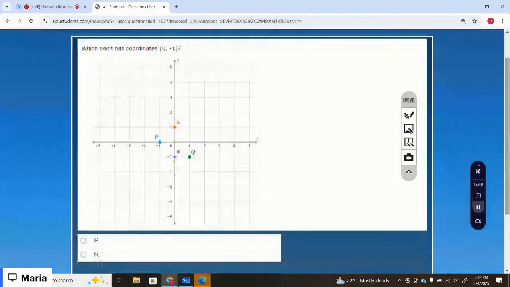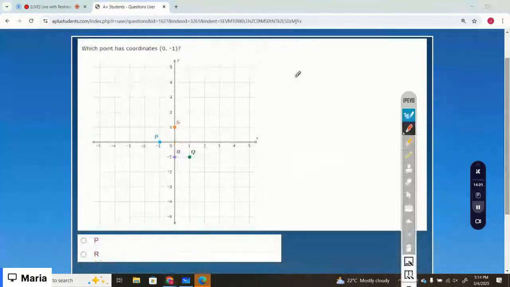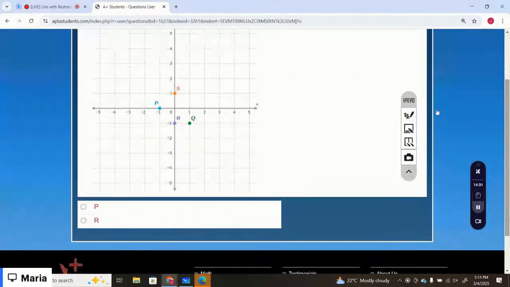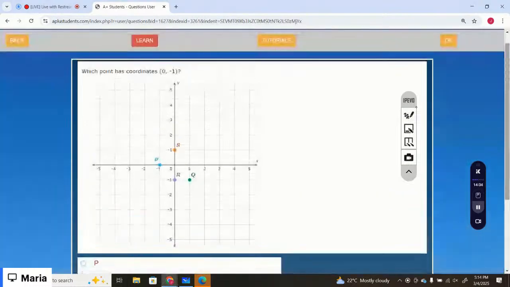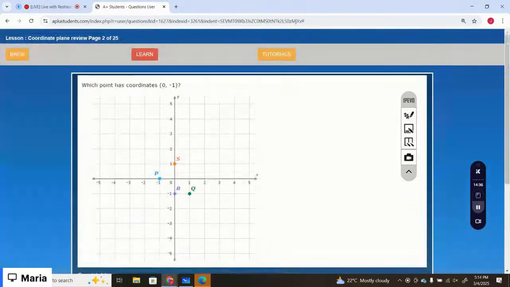Which point has the coordinates (0, -1)? X is 0, y is -1. So here it is. Point R has the coordinates (0, -1). Option number 2 is the correct option.